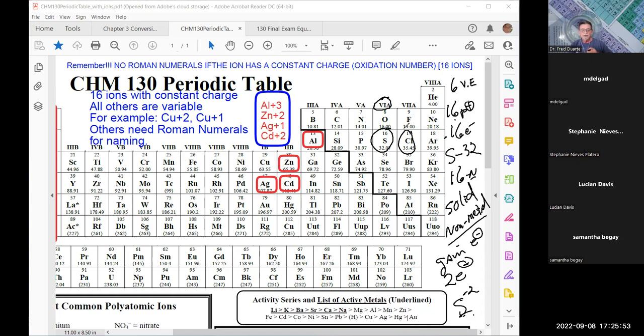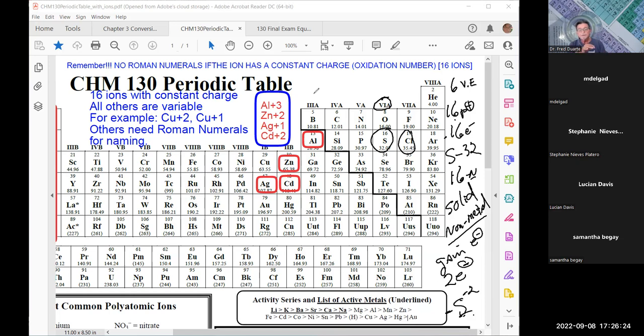We would learn that it's a gas at room temperature, and it tends to gain electrons, specifically 1, and it has a -1 charge. In fact, once it becomes a negative charge, you change the name. So sulfur, like we were doing, becomes sulfide. Chlorine becomes chloride. Okay.